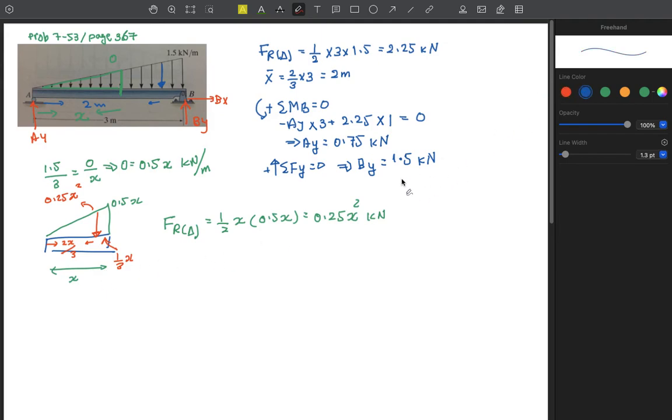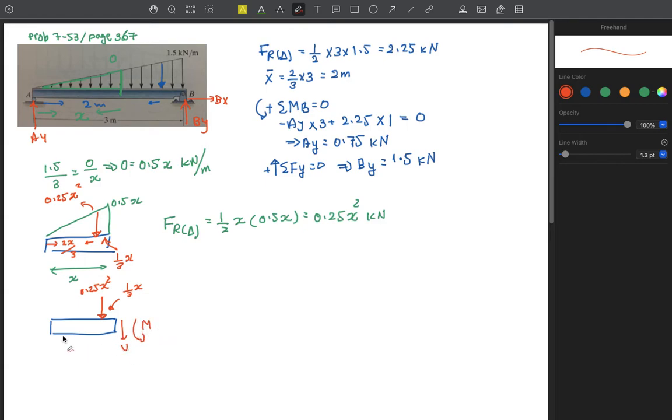Now, just because the beam now is not really clear to see or work with, then we have our concentrated load here, 0.25 x squared, and then we know this distance here. This is 1 over 3 x. We know we have shear and we have moment in this direction.